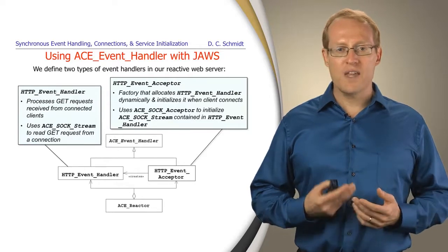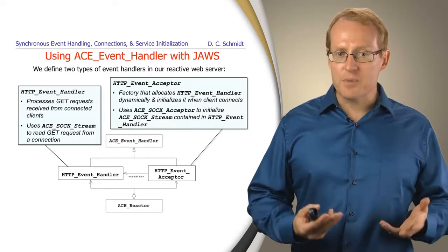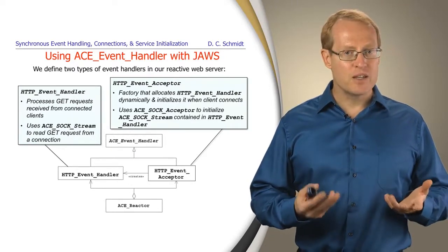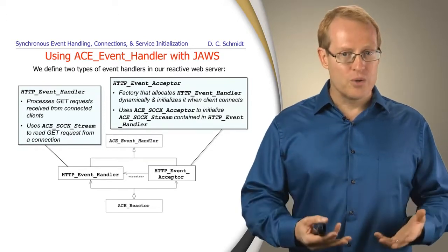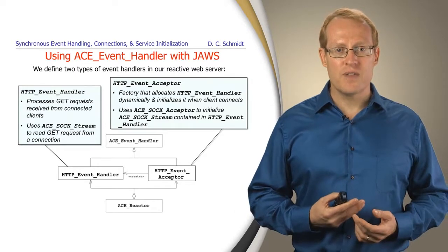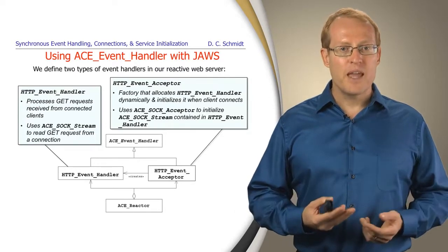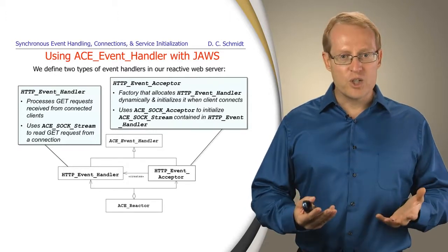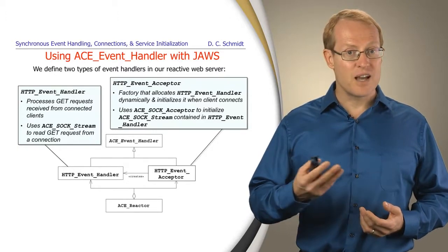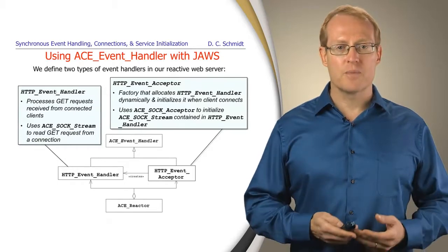We will also have the HTTP event acceptor, and that's a factory that knows how to create the HTTP event handlers. Internal to the factory, it has an instance of the ACE sock acceptor, and it uses the sock acceptor to initialize the corresponding ACE sock stream when a connection request comes in.